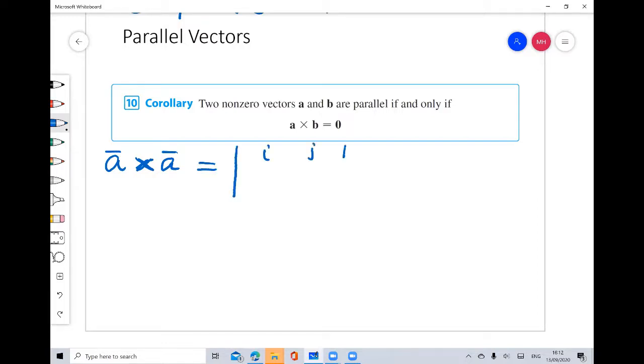I'm going to put the first row as the standard unit vectors i, j, k. The second row will be the components of my vector. The third row uses the same vector, so it has the same components.